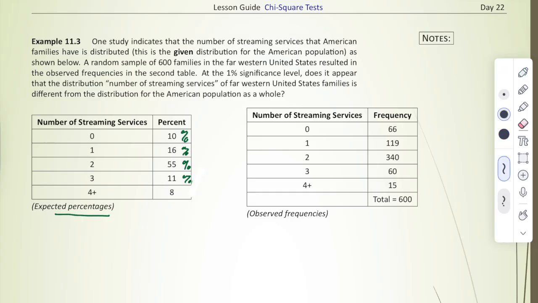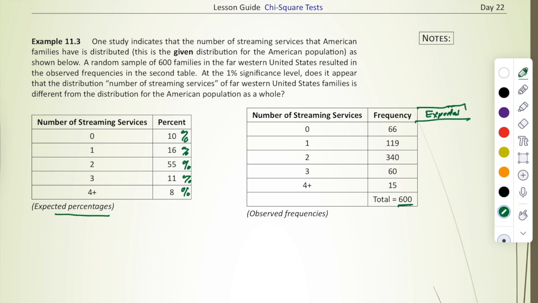Okay, and so if we wanted it to match, what would we expect if the 600 observations that we had followed that expected frequency?